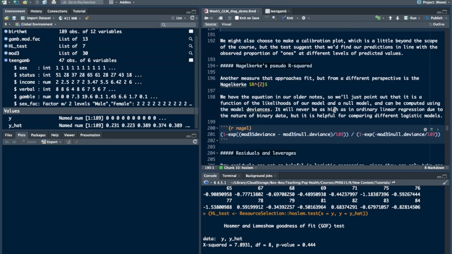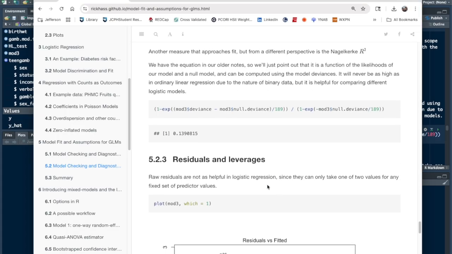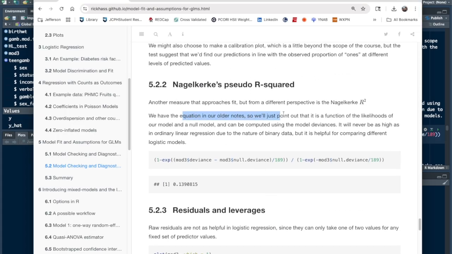Another approach, also somewhat controversial, is the adaptation of those variance-accounted-for, R-squared-like statistics to logistic regression. I'm not going to go into a lot of detail, but essentially there are some problems. I talked about the Nagelkerke R-squared before. The equation I did not print here; it's in our older notes. It turns out you can get that number using pieces from the model.